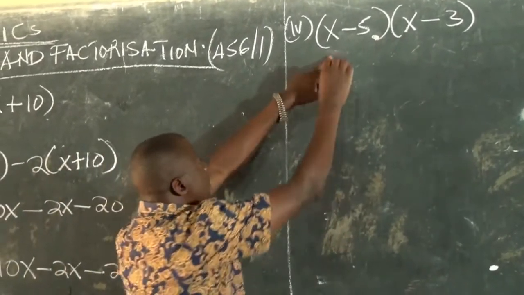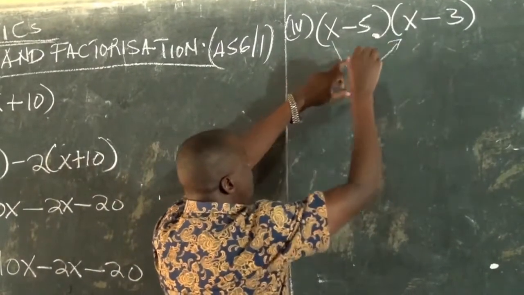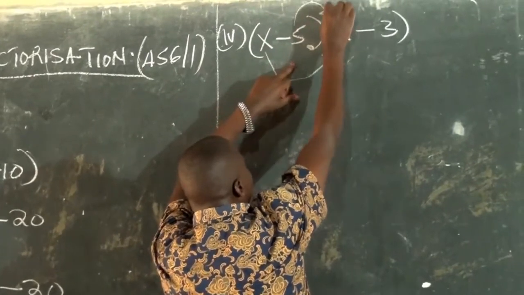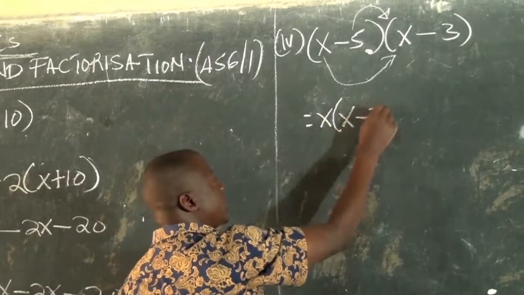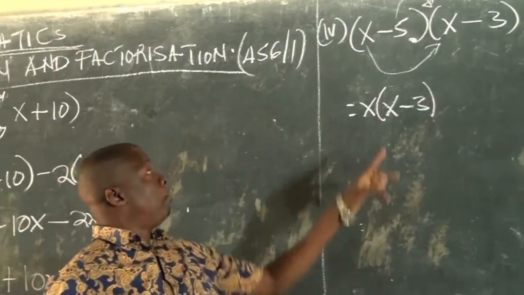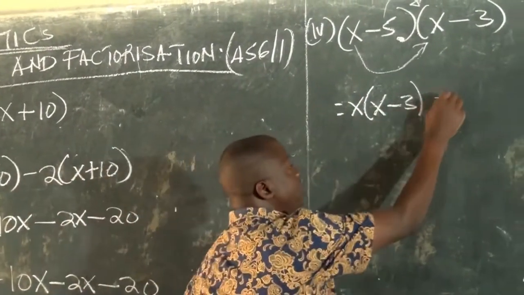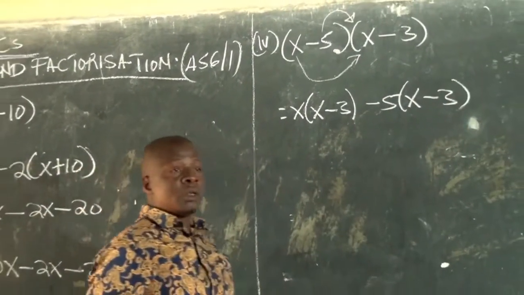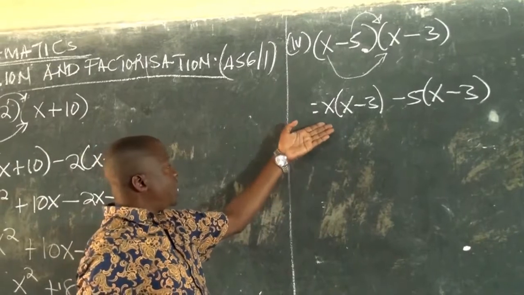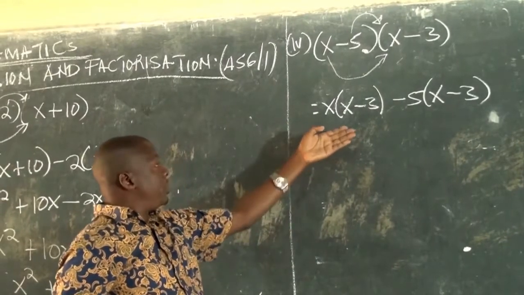We see that this x affects that bracket, and also that minus 5. So this one gives x into x minus 3, minus 5 into x minus 3. So let us simplify it further by opening brackets.